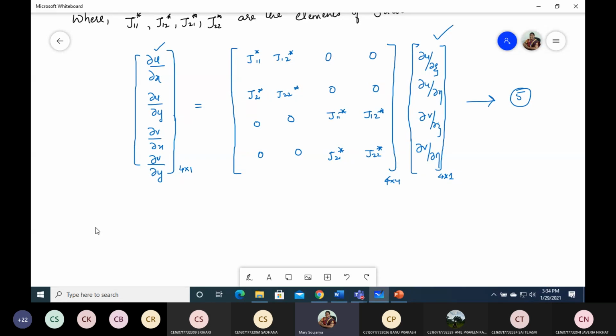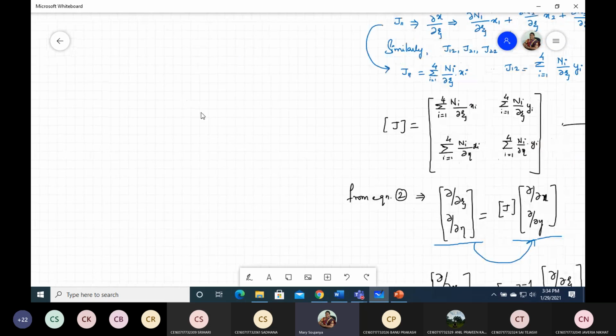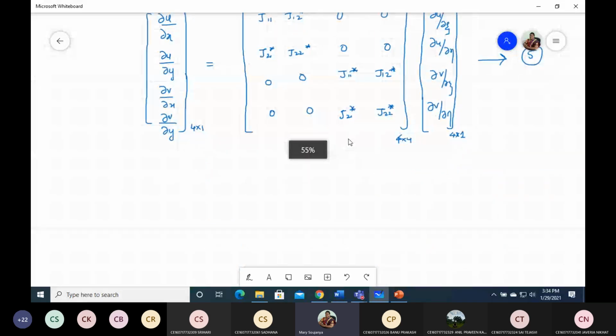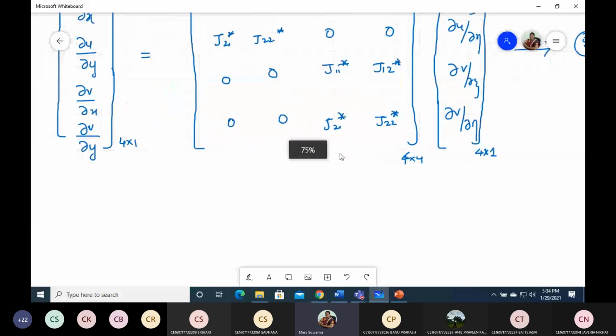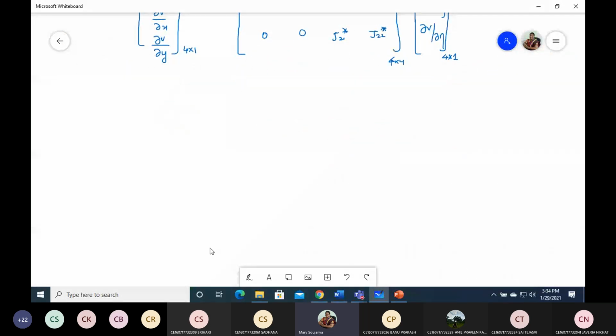Right. Now, once we have the elemental stiffness matrix, what is next? If we have to find out stress and strain, the next term that comes into the picture is the strain displacement matrix, the B matrix for the isoparametric element, which we should see.